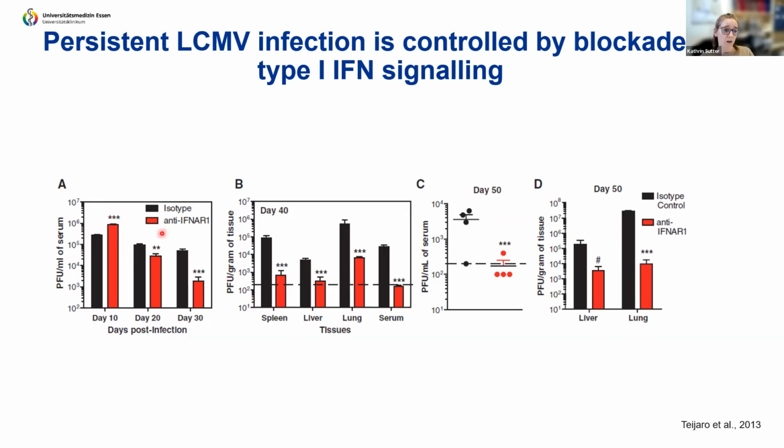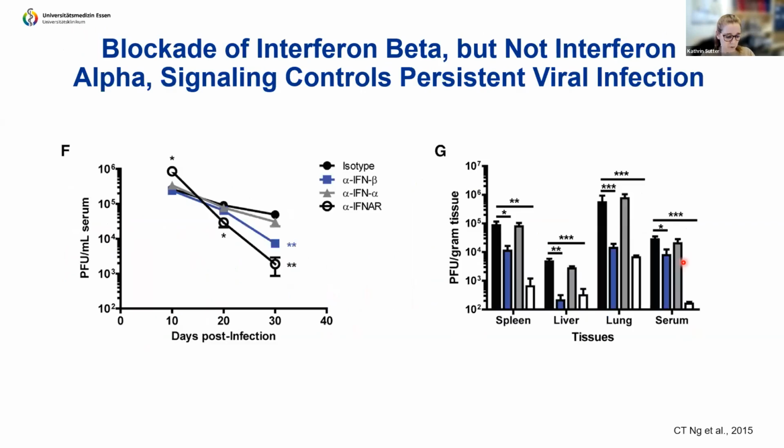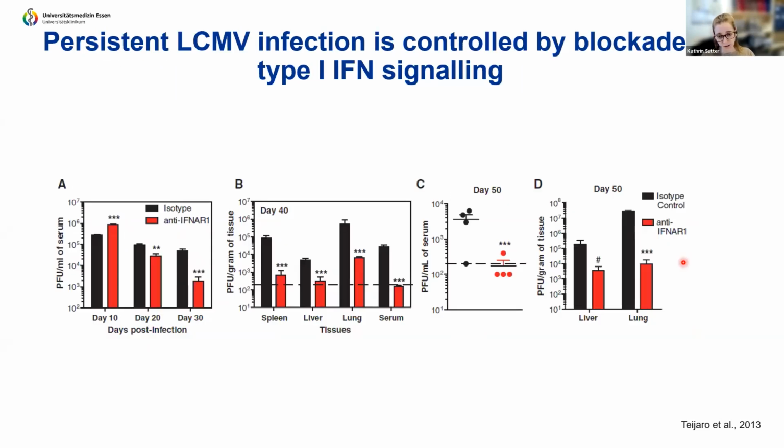However, in the later phase, it seems that if you take out the interferon, it's much better for the host. And they saw this in very different tissues: spleen, liver, lung, and serum. That was really interesting at that time, and this is now 10 years ago.